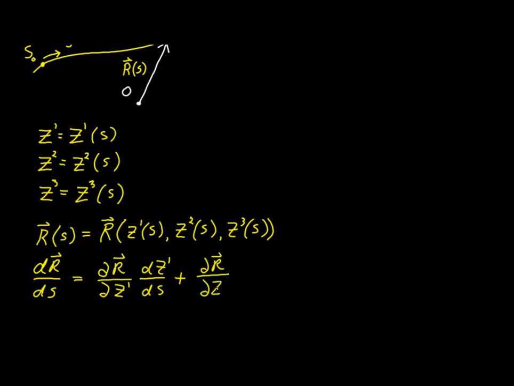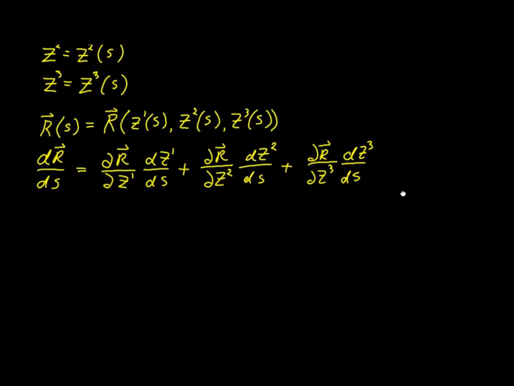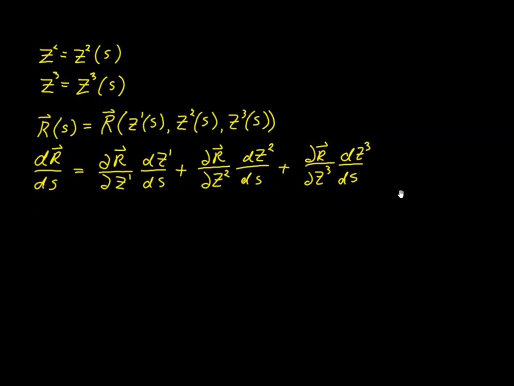We take the partial with respect to z2 times dz2 ds, and then the partial of r with respect to z3 times dz3 ds. And here we have the full derivative of this position vector with respect to our coordinates.